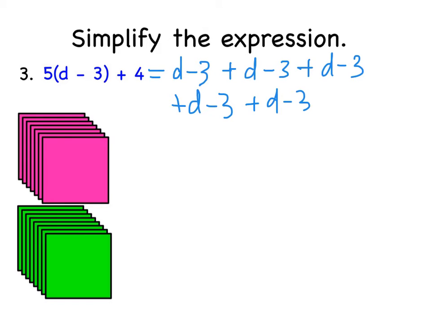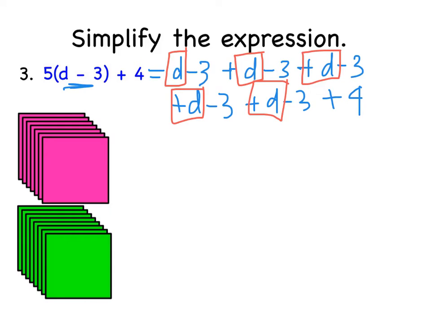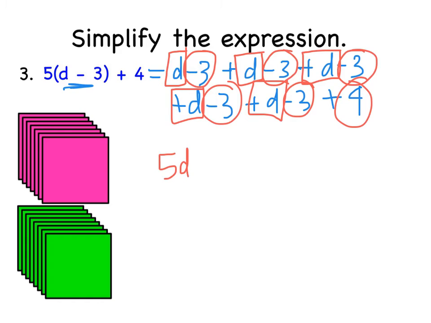So notice I've listed that group, d minus 3, a total of 5 times. And then I have that plus 4 at the end. Then I would need to combine all of my d's. So I have 1, 2, 3, 4, 5 d's. And then I have -3, -3, -3, -3, -3, and 4.